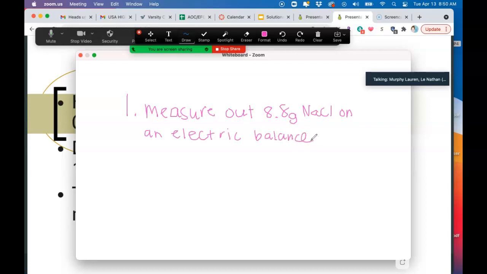Yep. All right, so I'm going to plug my electronic balance in. We'll see how well I can do this.